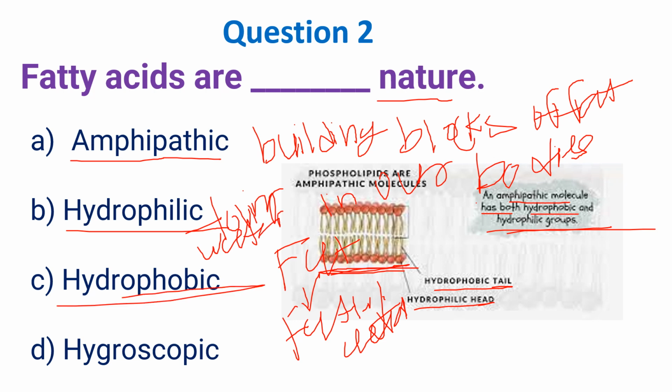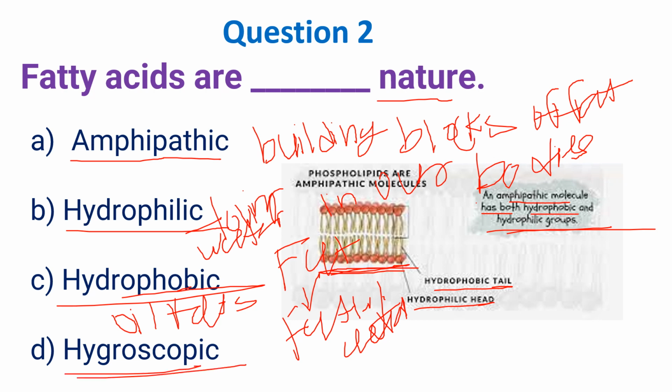It is lacking affinity for water, insoluble in water. It is repelling of water. Examples of hydrophobic are oil, fats, and alkane.